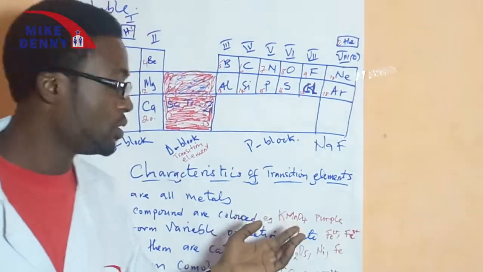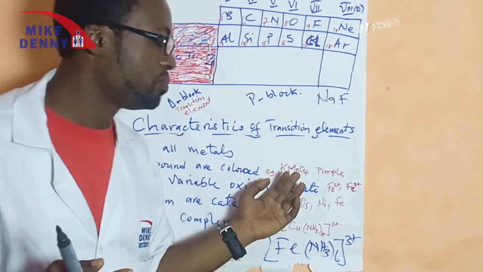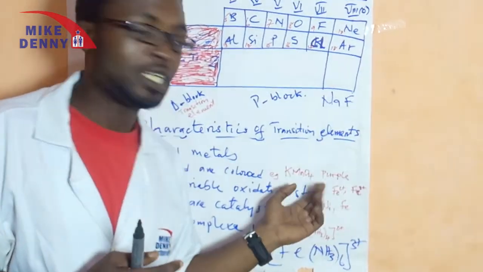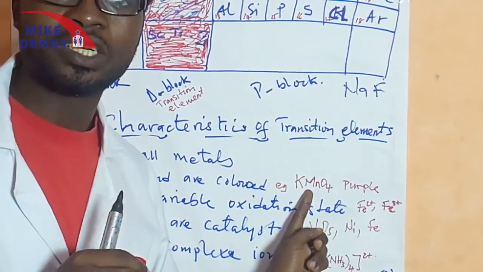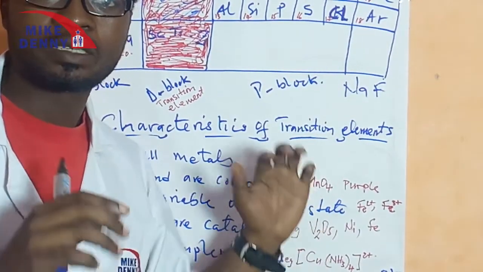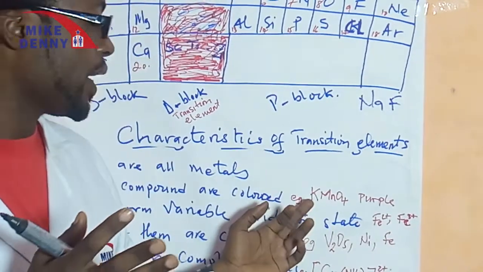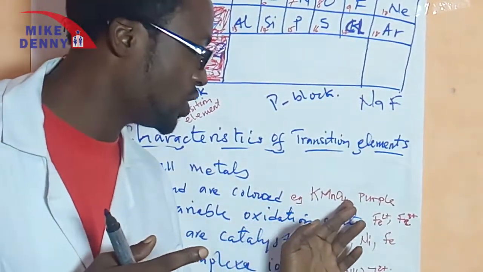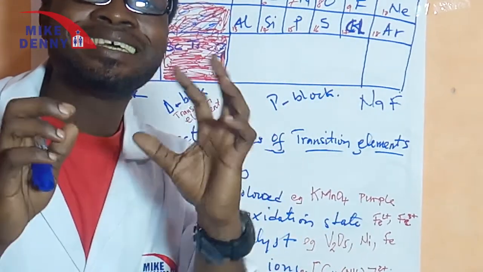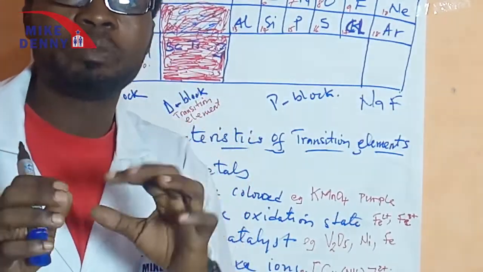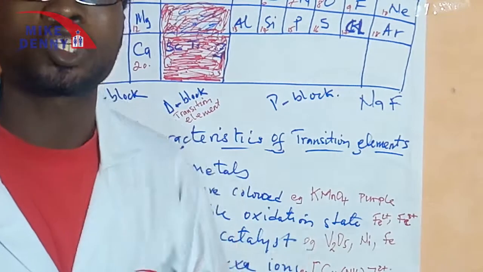For example, potassium permanganate is purple. It's a compound. Manganese is a transition metal, which is combined with potassium and oxygen. It gives a purple color.